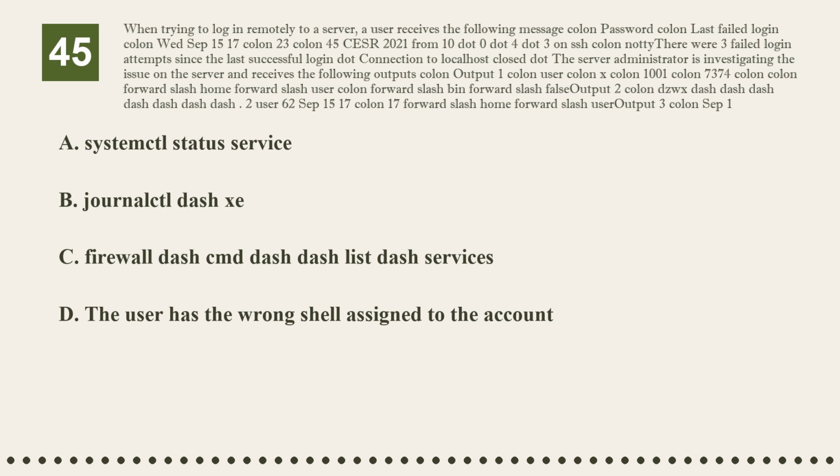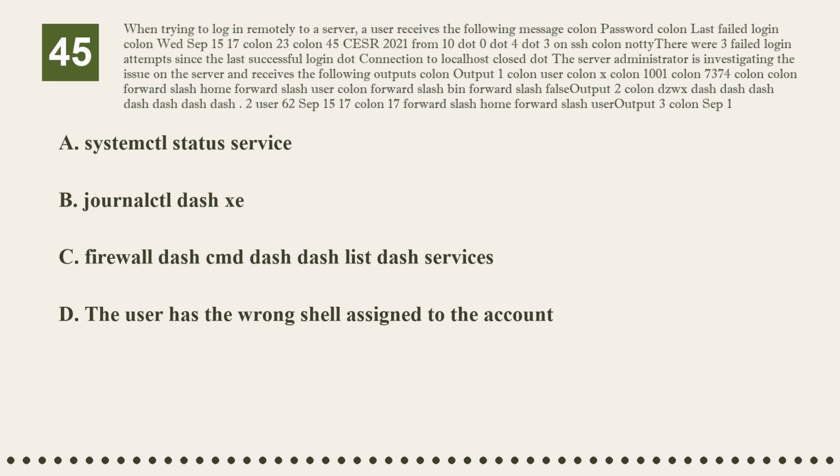The server administrator is investigating the issue on the server and receives the following outputs: output 1, user x 1000, /home/user /bin/false; output 2, drwx------ 2 user September 15, 17:17 /home/user; output 3, September 1st.